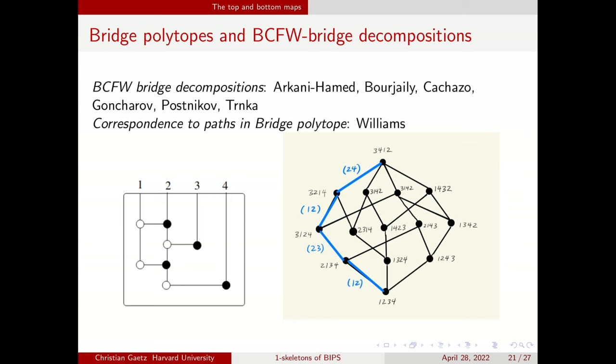So, in some sense, there's an analogy between these bridge decompositions of plabic graphs and reduced decompositions of permutations. Lauren's paper is called the positive analog of the permutohedron, and one of her reasons for calling it analog is that property.